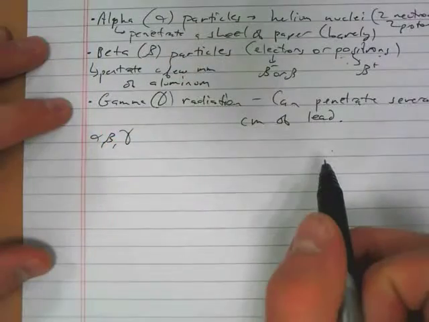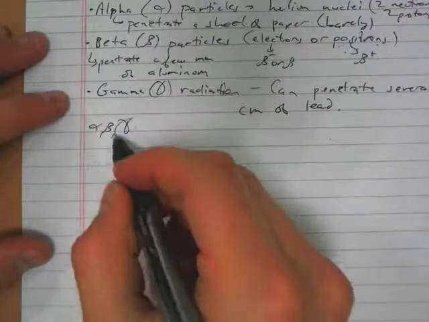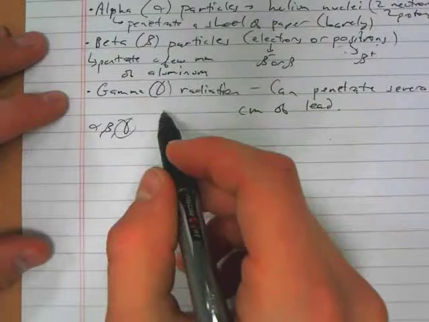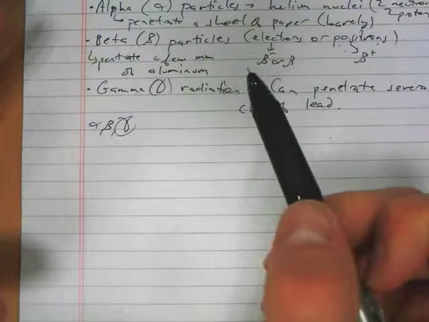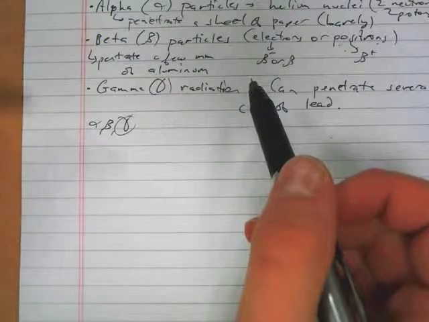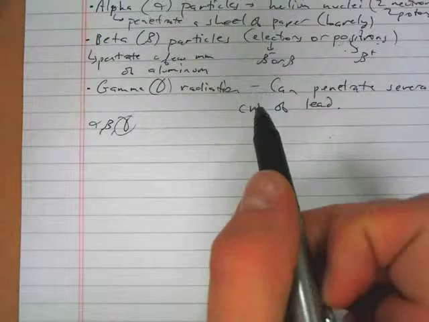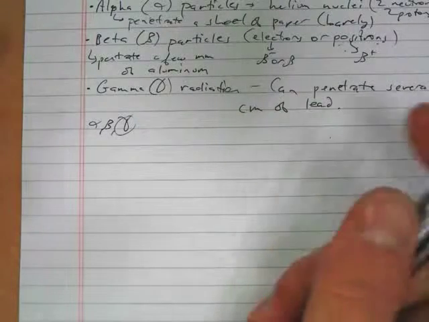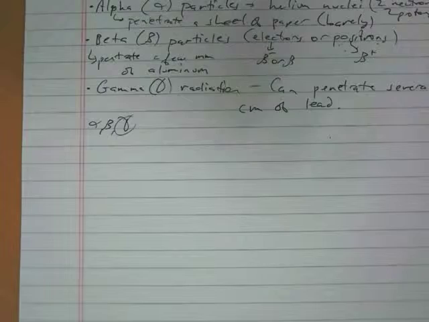And I think that may be why gamma rays are the only kind of electromagnetic radiation that are given a Greek letter, because they were originally named in relation to talking about them as radiation, not in terms of the electromagnetic spectrum. And we're going to look more in depth at each of the different types of radiation coming up here.